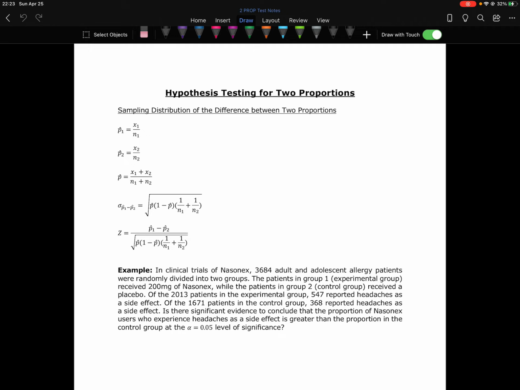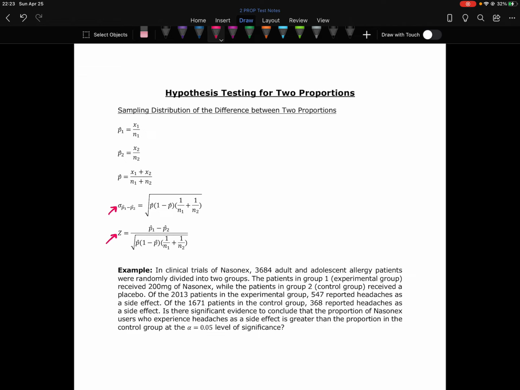The sample standard deviation, that's this guy. Ooh, where did it go? There we go. Is the following formula. And then we have our z-score, which in the hypothesis test is going to give us our test statistic. Now, I am not going to show you how to calculate any of this by hand.